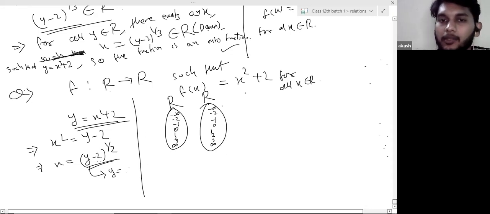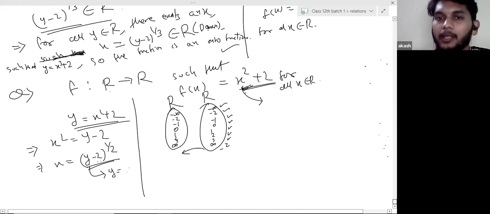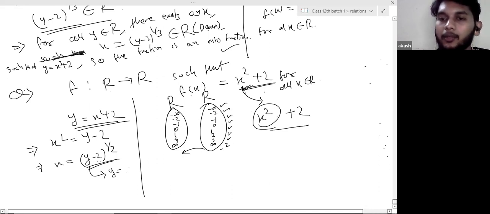If this is onto, that means all the numbers here are connected with set A, right? But we can easily see that no matter what value of x you put here, we are not going to find negative numbers, because even if x is negative, x square is always positive. So positive number plus 2 is always positive. So we cannot get negative value from this function.